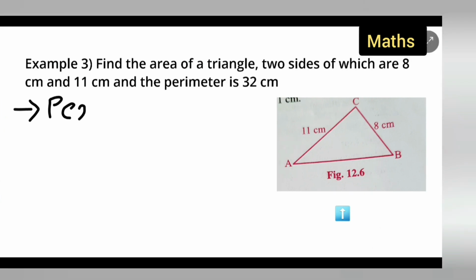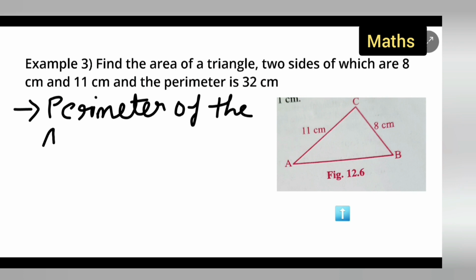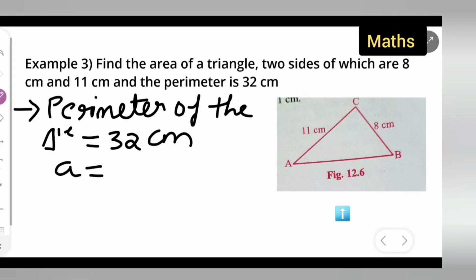So here the perimeter of the triangle is equal to 32 centimeter. So the value of A is given to be what? The value of A is 8 and the value of B is 11.